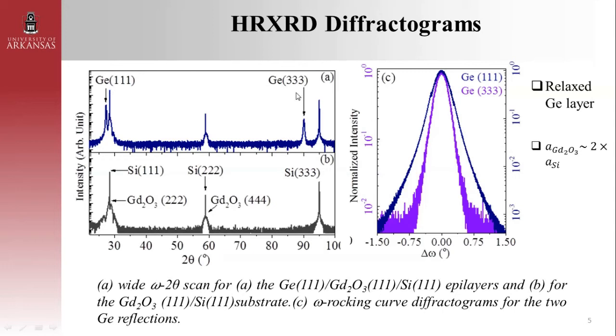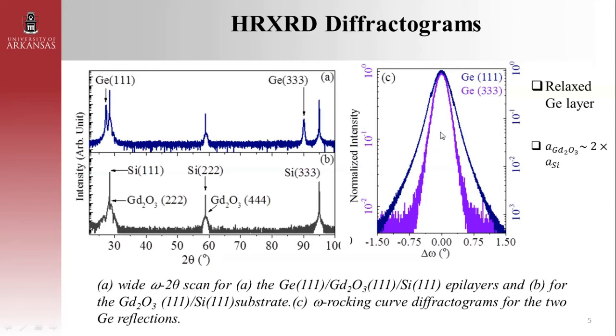To qualitatively estimate the crystal structure quality, we have done omega scans for the 111 and 333 reflections for germanium, and it comes out to be 0.8 degree, which is quite reasonable.